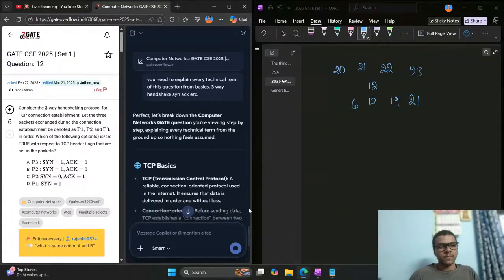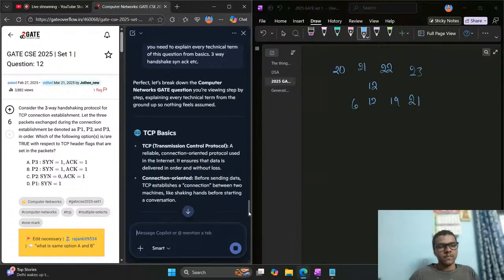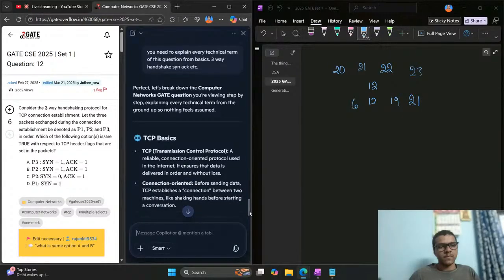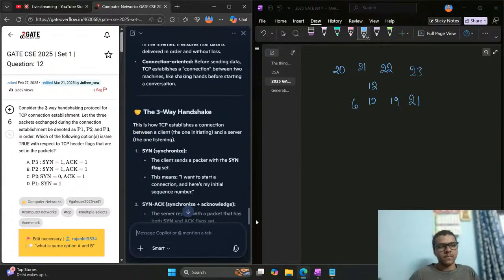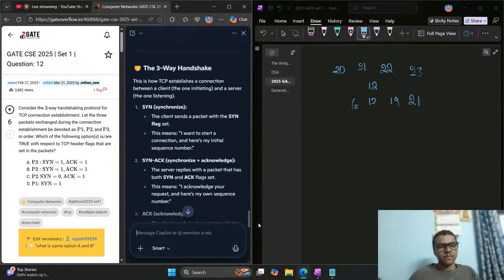TCP, transmission control protocol, a reliable connection oriented protocol. The three-way handshake. Synchronize: I want to start a connection and here is my initial sequence number.